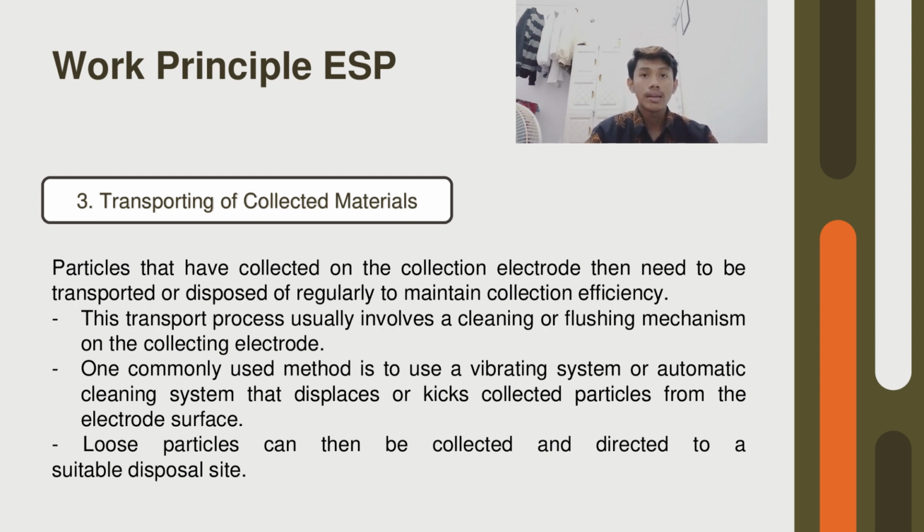One commonly used method is to use a vibrating system or automatic cleaning system that displaces or kicks collected particles from the electrode surface. Lost particles can be collected and directed to a suitable disposal site.